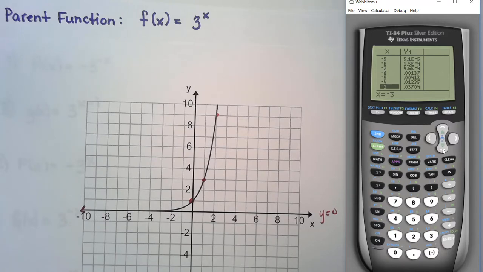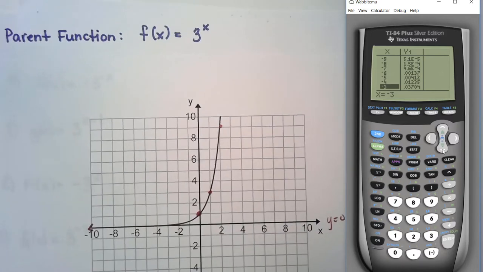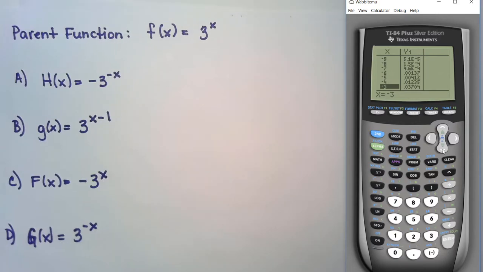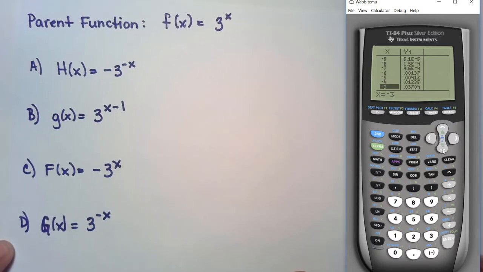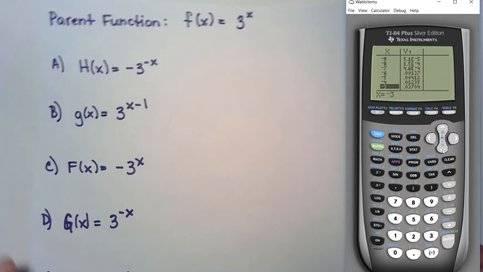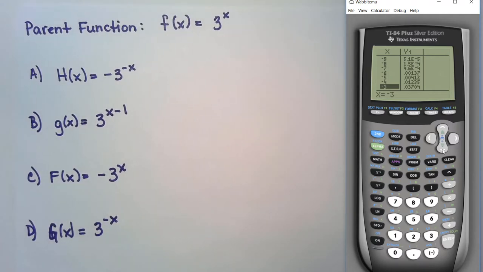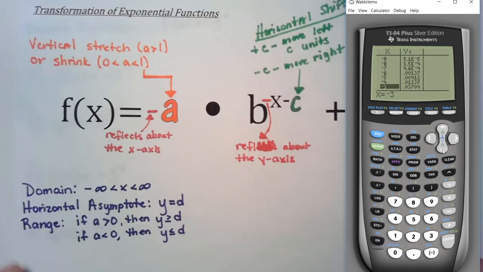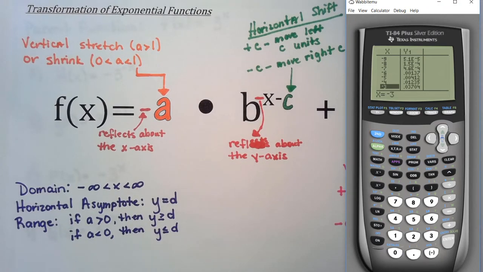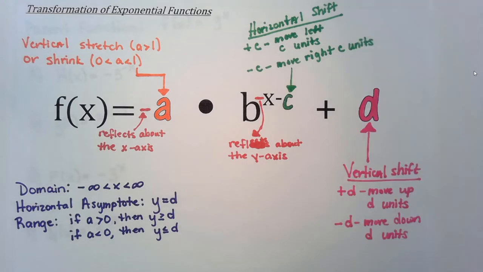Now, what I want us to do is, we've talked about transformation of functions, we've talked about quadratic functions and absolute value functions. Now let's look at the exponential function. Here we have transformation of exponential functions.